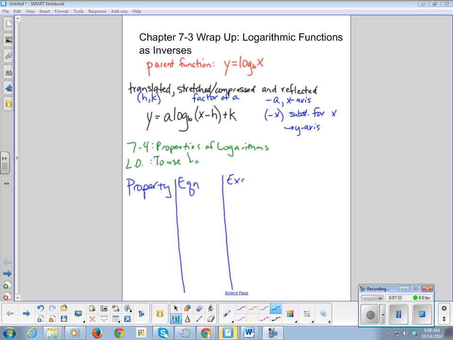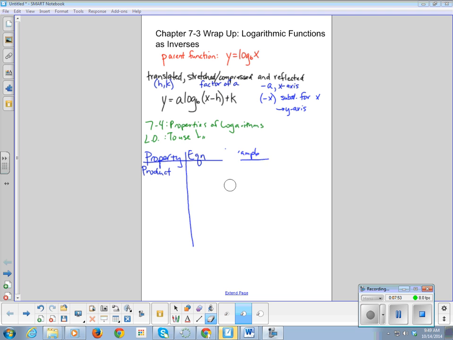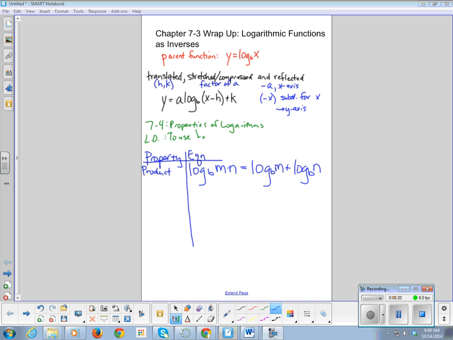Okay, so the product property says that if I have a log base b of m times n, that is equal to log base b of m plus log base b of n.